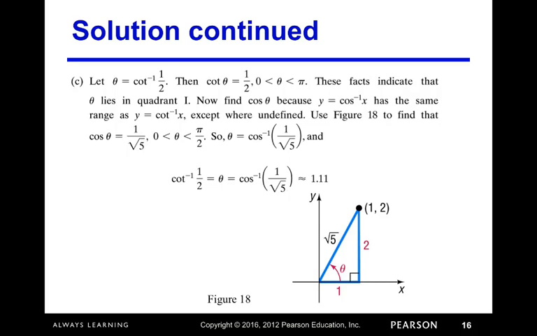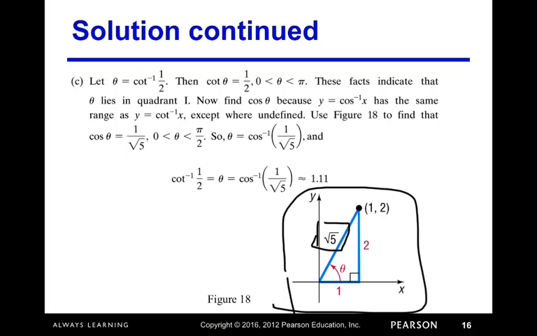So if we draw our cotangent of 1/2, which is x over y for cotangent, we figure out that the hypotenuse is square root of 5. Now we say this same angle has a cosine of 1 over square root of 5.